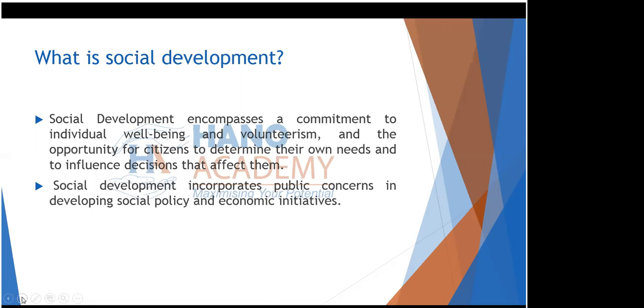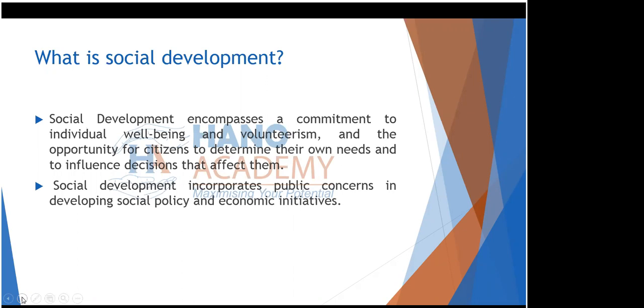So the basis of our discussion here is to help an individual or humanity get out of worrying situations, worrying elements that affect and jeopardize their life. Therefore, we are saying that social development incorporates public concerns in developing social policy and economic initiatives.